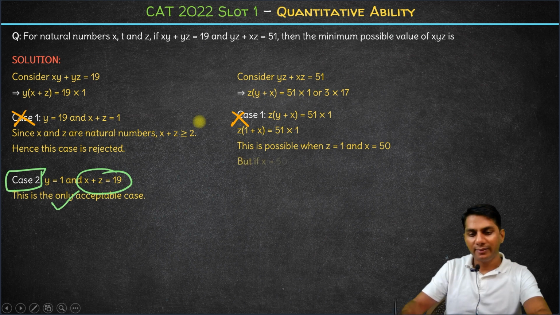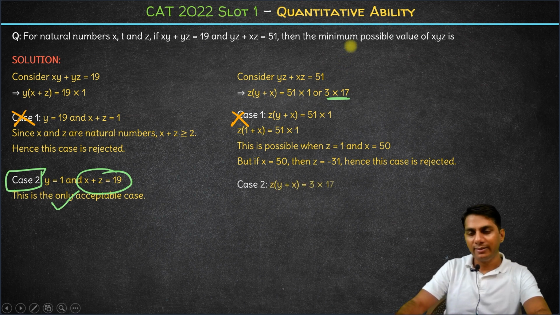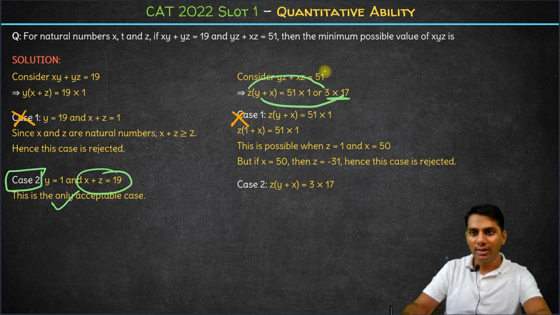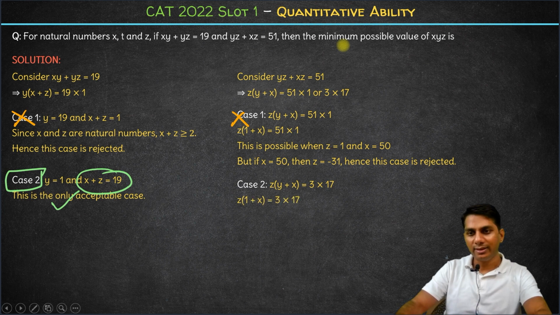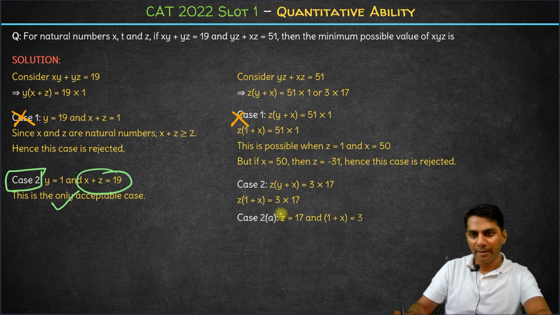Considering the second case, where z into y plus x is equal to 3 into 17, we'll again get two cases. Either z is 3 and y plus x is 17, or z is 17 and y plus x is 3. Let's consider case 2a. We know z into y plus x is 3 into 17.